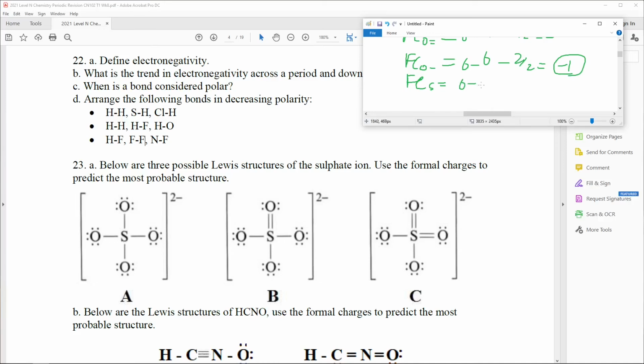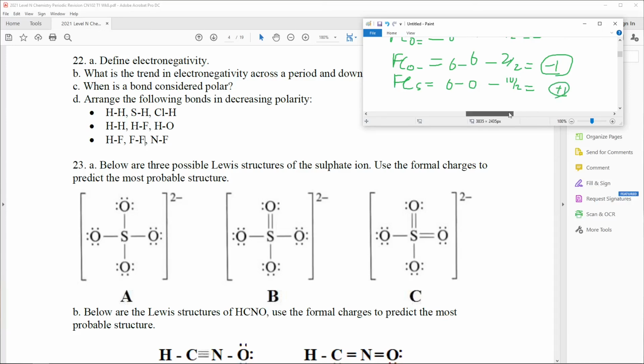So here you have 6 minus no lone pairs, minus 5 bonds, so 10 over 2, that'll be 5, so 6 minus 5, that will be plus 1.